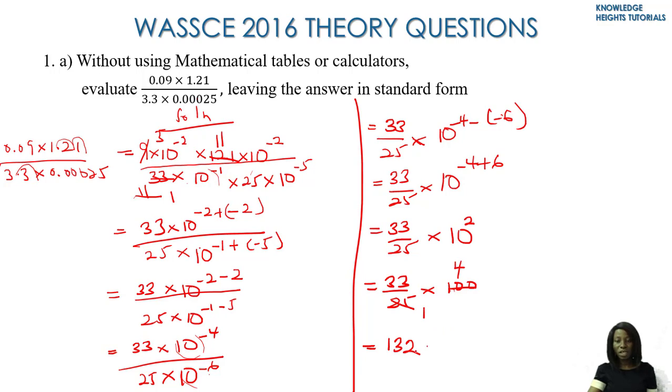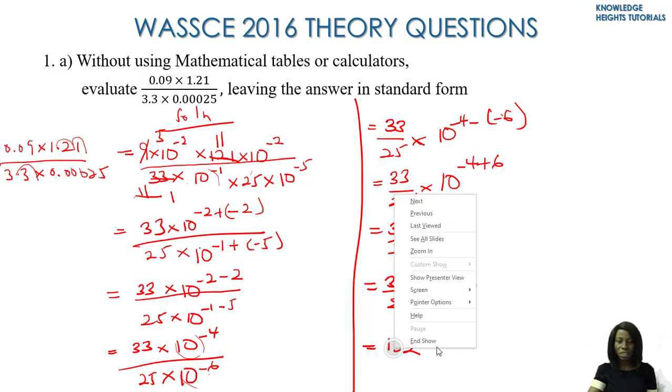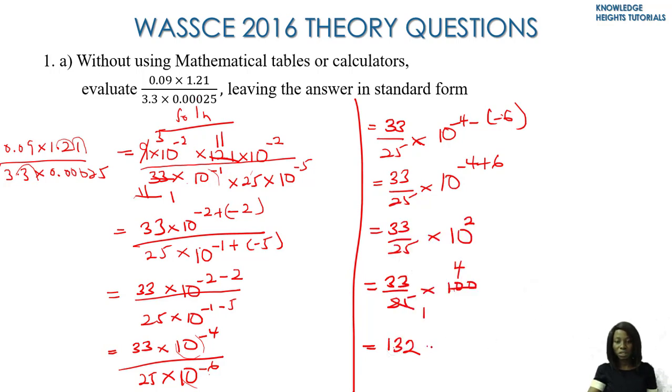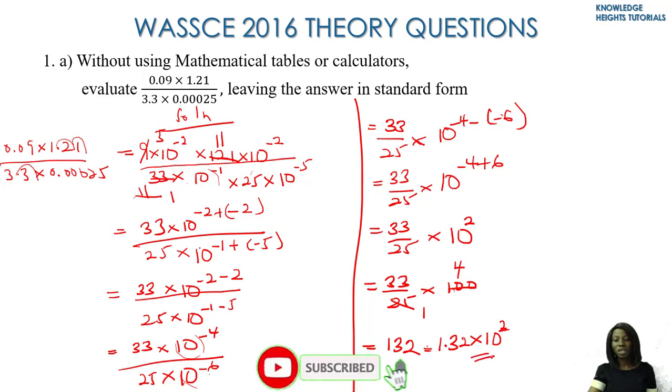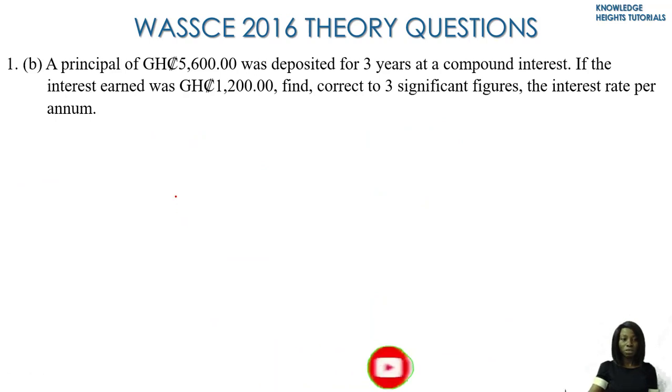So for the final answer, we have to move the decimal point 2 places to the left, and this is going to give us 1.32 times 10 exponent +2. So this is the final answer.